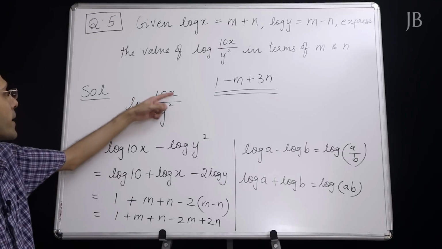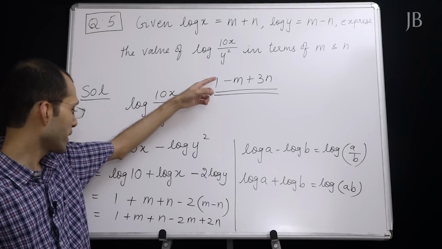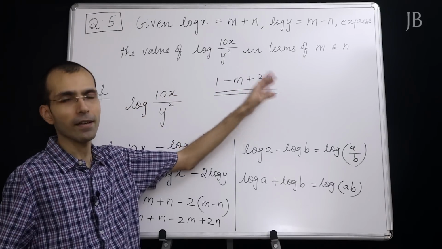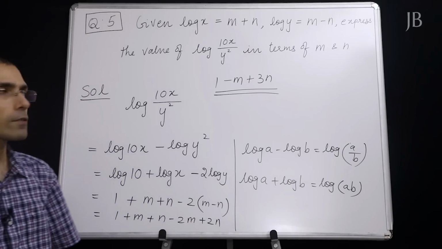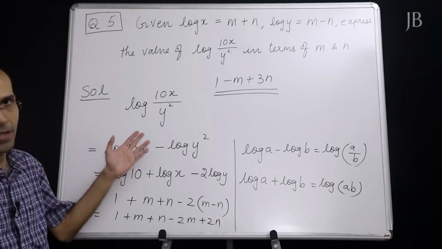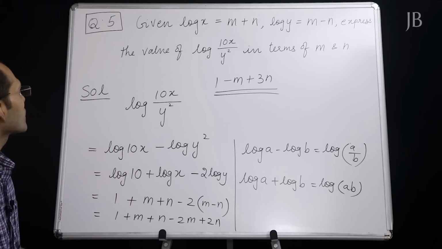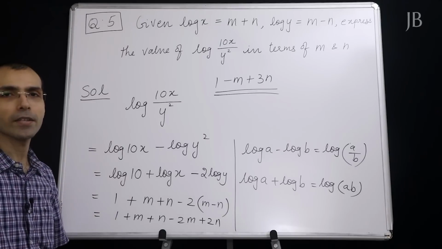So log of 10x upon y square will be finally 1 minus m plus 3n under the given condition. So this kind of question can come in your exam very much. They are not too high level, they are middle level questions and they are quite important. So this completes your question 5.